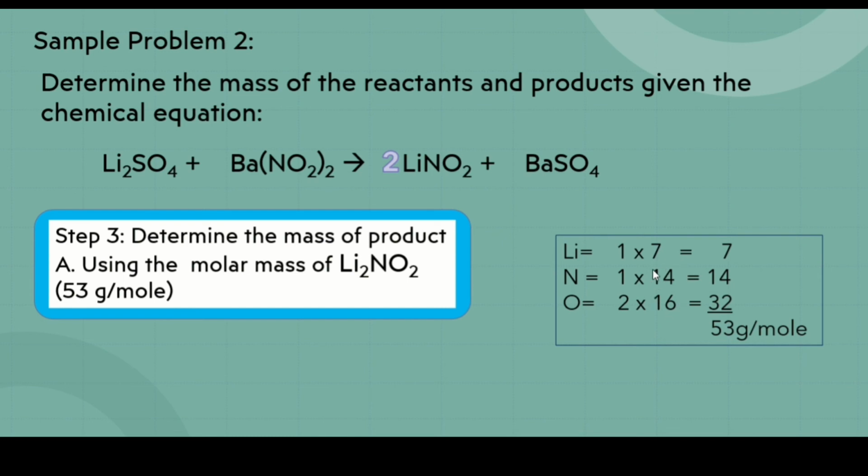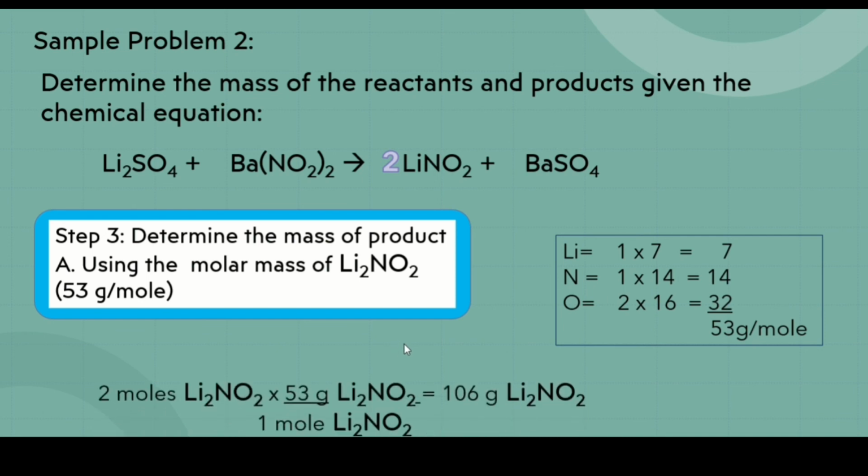Now, refer to the periodic table again and look for the atomic weight of these elements. So, for lithium, 7, nitrogen, 14, and oxygen, 16. So, just multiply 1 times 7, 1 times 14, 2 times 16. So, that is 32. So, 7 plus 14 plus 32, and the answer is 53 grams per mole.